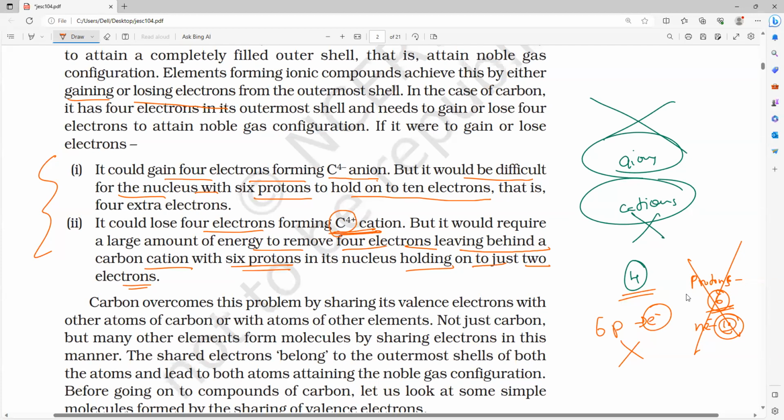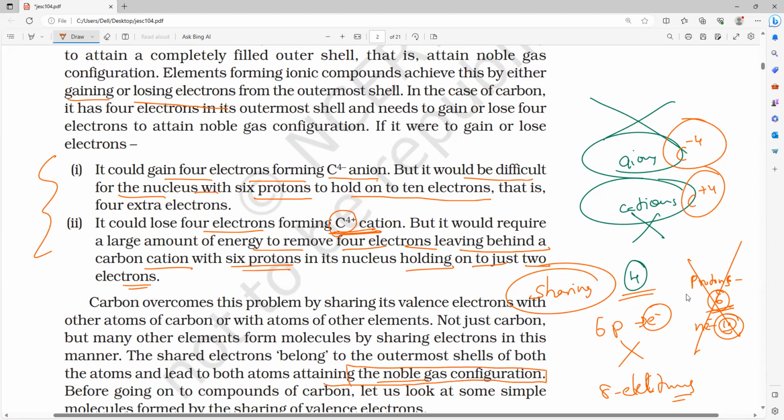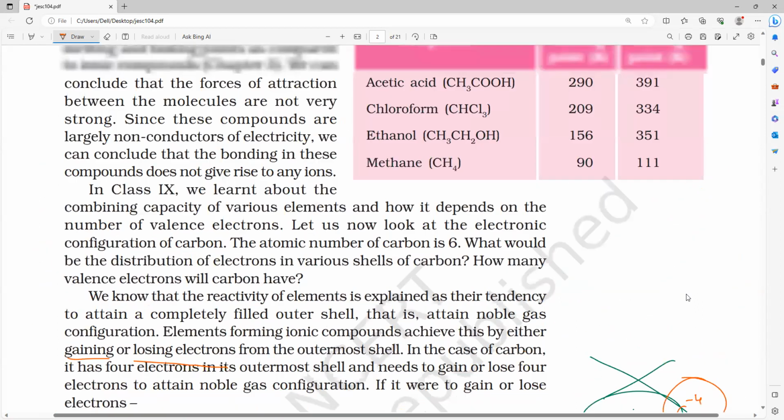So there is no formation of cation or anion, no gaining or losing of electrons. Only by sharing of electrons will it attain the 8 electron noble gas configuration, or inert gas configuration. Are you clear, everyone?